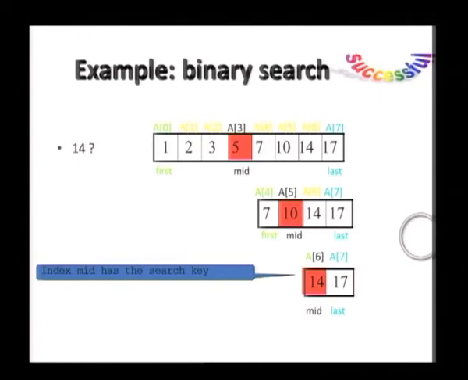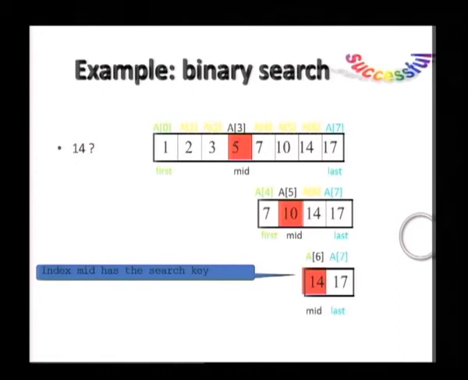The first value that is searched is the array index 3, which is 0 plus 7 divided by 2, and the floor of it gives you the value 3.